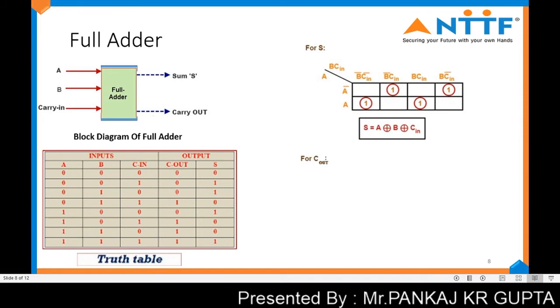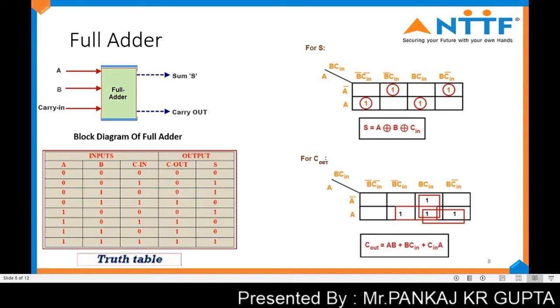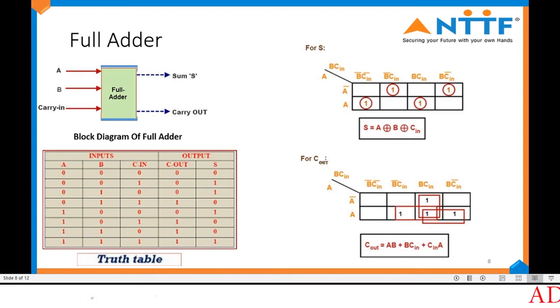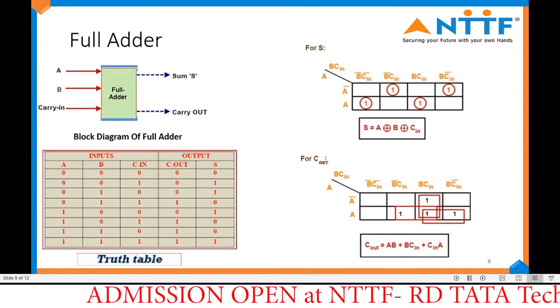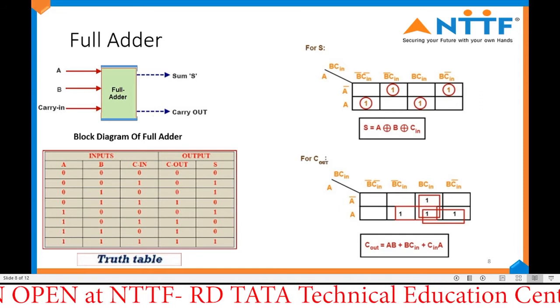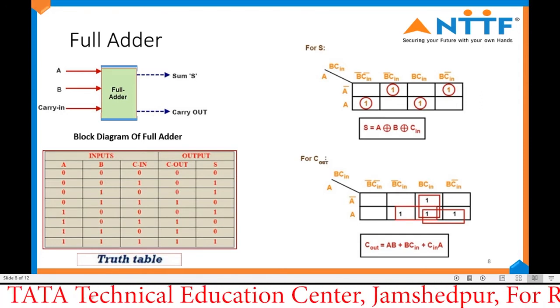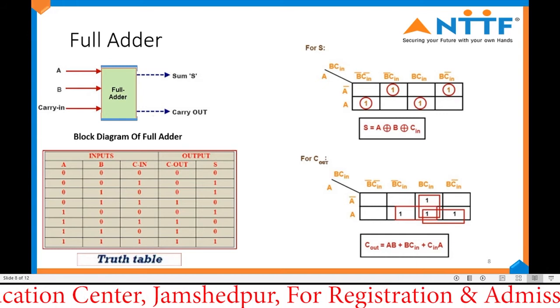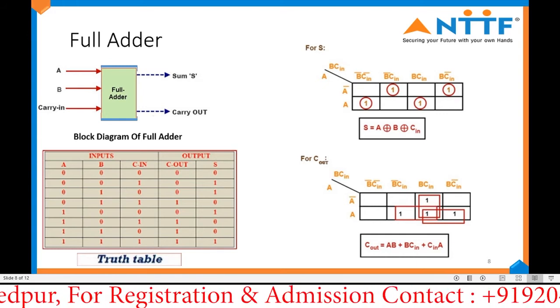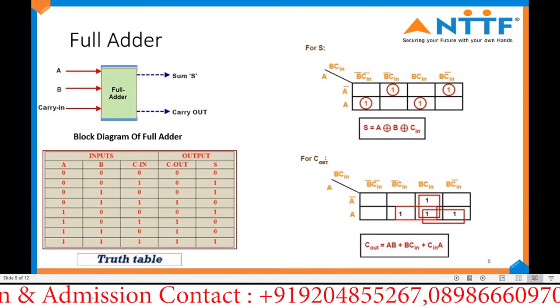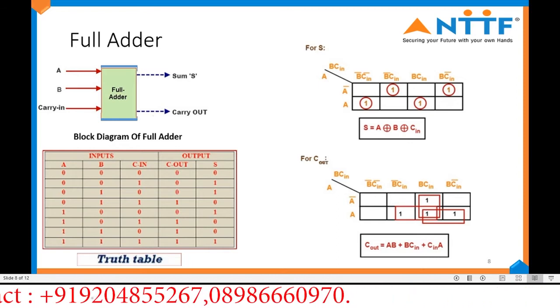When we solve the K-map of the Boolean function for the full adder, for sum, the sum is A XOR B XOR C in, that is carry in. Here we are using only XOR gates. For carry out, the Boolean function is A and B plus carry in bracket A XOR B.